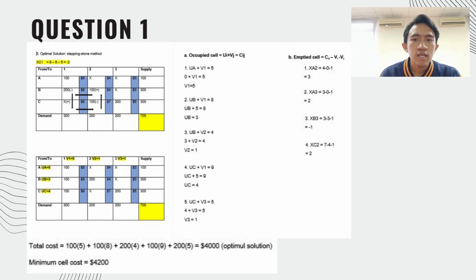As you can see on the slide, A2 we get 3, A3 we get 2, B3 we get minus 1, and last but not least C2 we get 2. After we calculate the cost changes for the empty cells, we can conclude that since we have a negative value, the solution obtained is not optimal. That's all from me. Thank you.